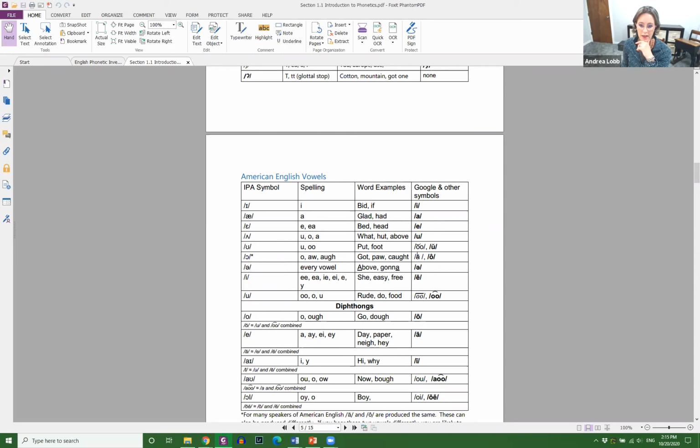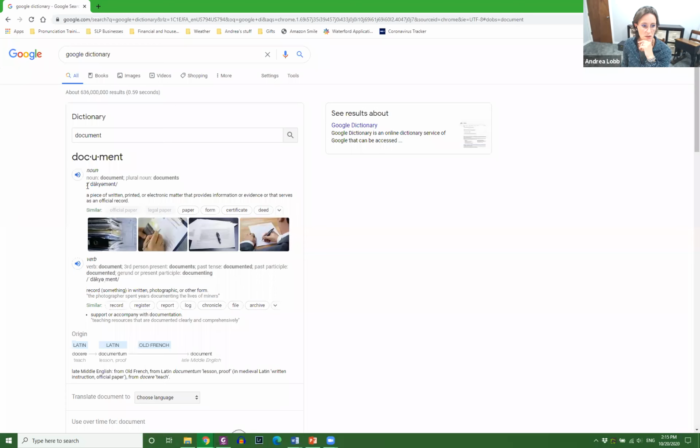That is an ah. And then you can also see that there's an E sound here. Document.